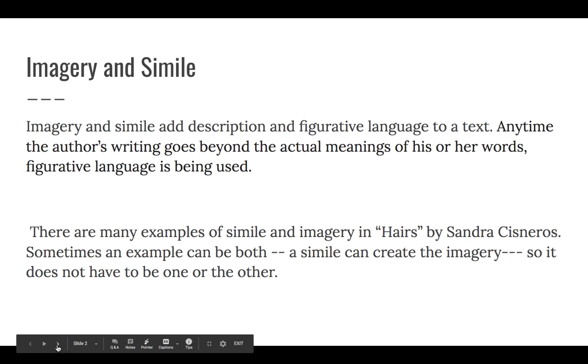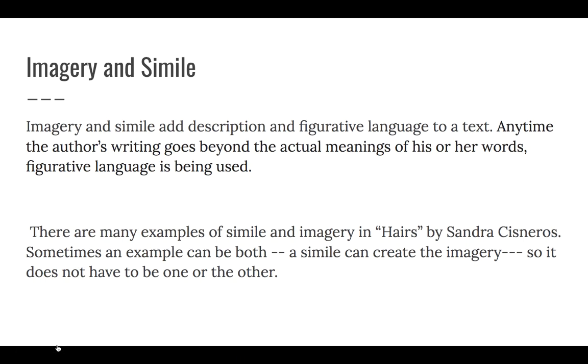Just a quick little mini lesson and review on imagery and simile. Imagery and simile add description and figurative language to a text. Anytime the author's writing goes beyond the actual meaning of his or her words, figurative language is being used. So this is a difficult concept. Figurative language is abstract.